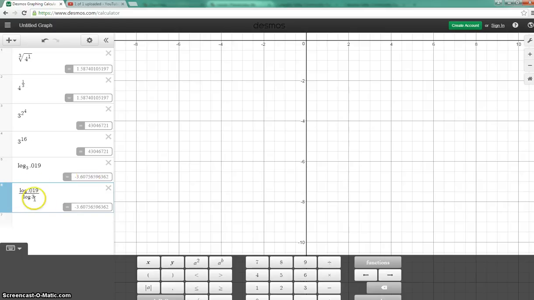So this is using your change of base formula, but with today's technology, you don't have to do that. It'll do base 3. Again, all of these are base 10, so we just have to have some common base when you're doing a change of base formula. And typically we choose bases that we know, like log base 10 or natural log. Either way you do this one, you still get the same answer.